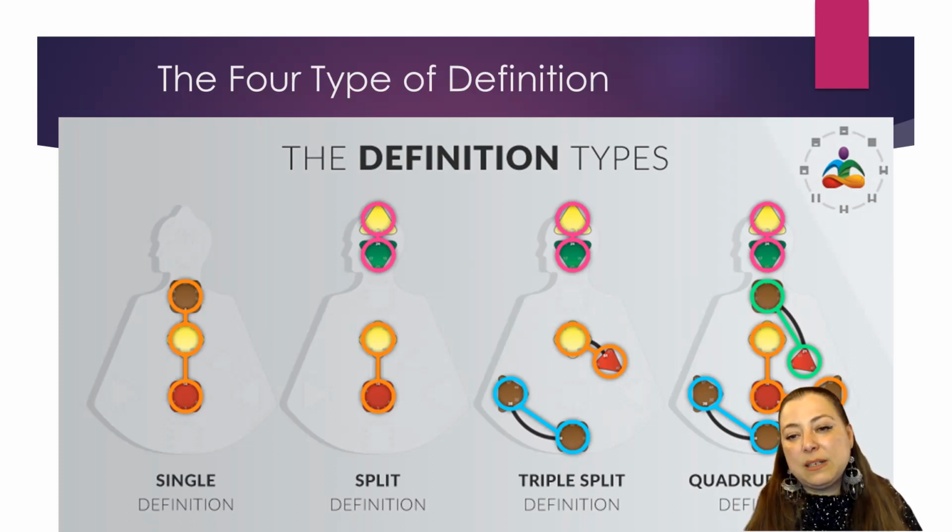Quadruple splits, also the biggest conditioning force are open centers, if any. And if not, then it will indeed be the bridges and the other openness in the design. Quadruple splits are even more rare than reflectors.